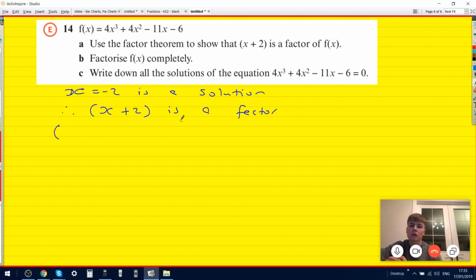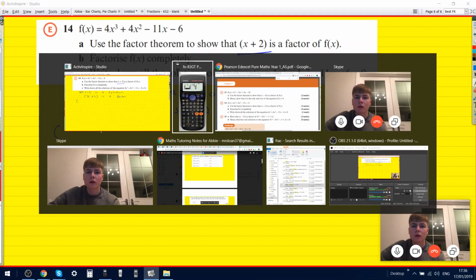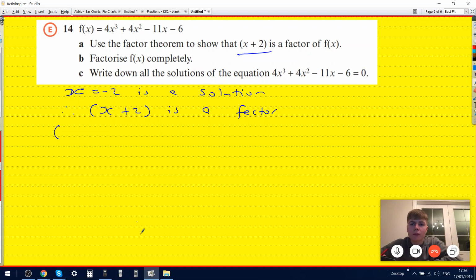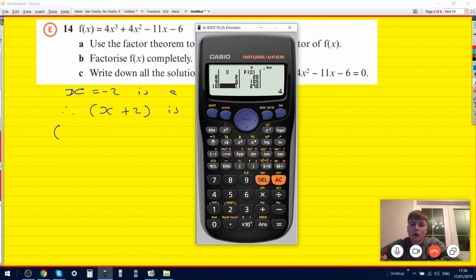Okay, so how do we use that to factorize it? That's the one they already gave us, isn't it? x plus 2 is a factor. So how can you use that to factorize it?